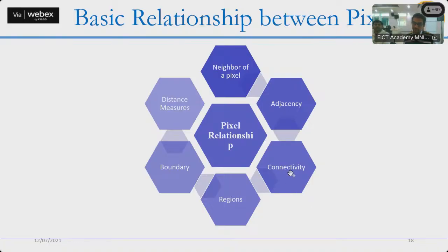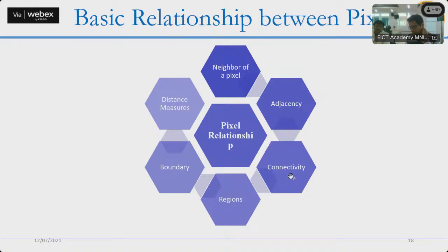Connectivity. For example, for one pixel, how many pixels is it connected to? It is near, adjacency, etc. These are not totally different concepts, adjacency and connectivity.